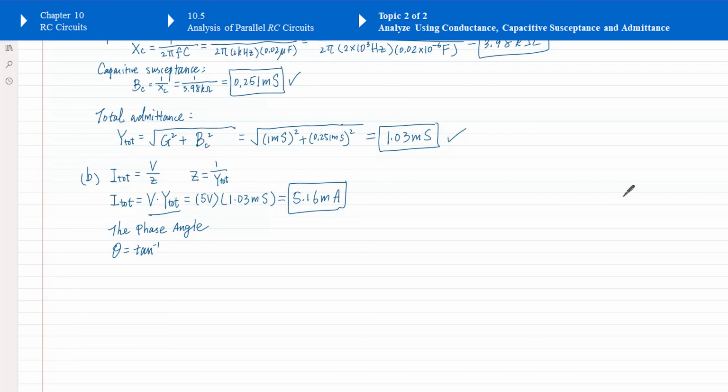For parallel RC circuit, the numerator is resistance, and the denominator is capacitive reactance, Xc. This equals inverse tangent. Resistance is 1.0 kilo ohm, and then the capacitive reactance is 3.98 kilo ohm. Use calculator, I got 14.1 degree.